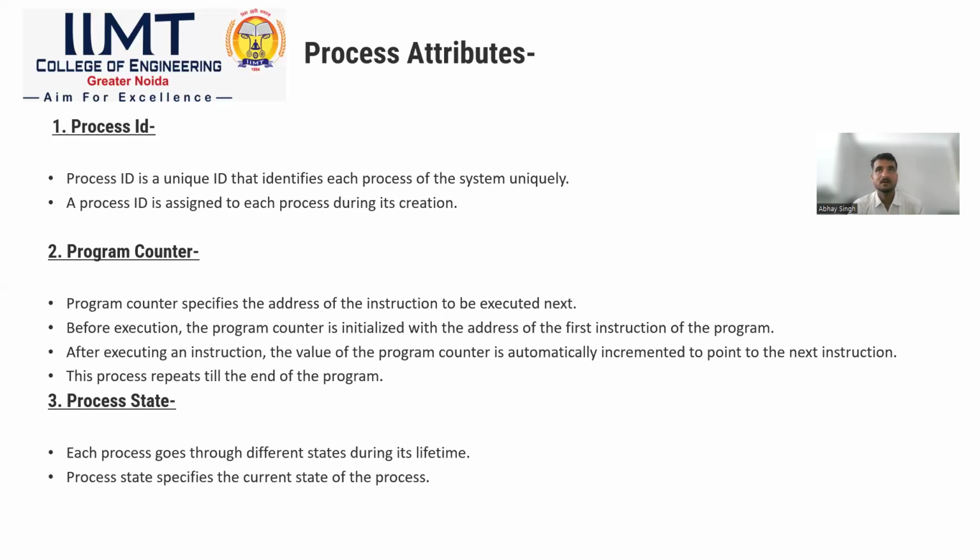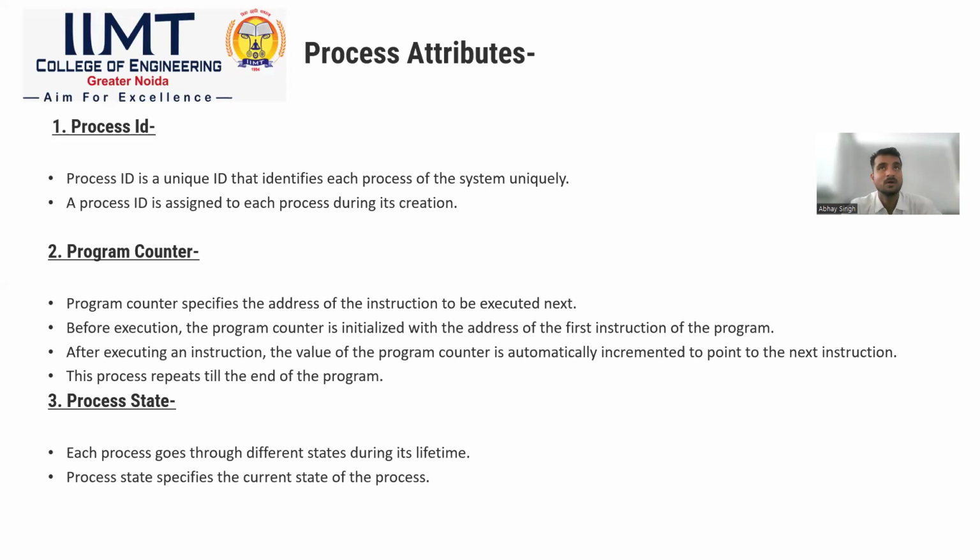Process is the active entity, and process is a part of the program. A program is a set of instructions along with data. But when a program is executed in the main memory, the executable part of the program is known as a process.